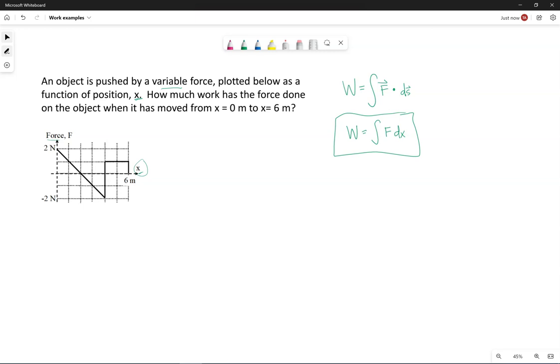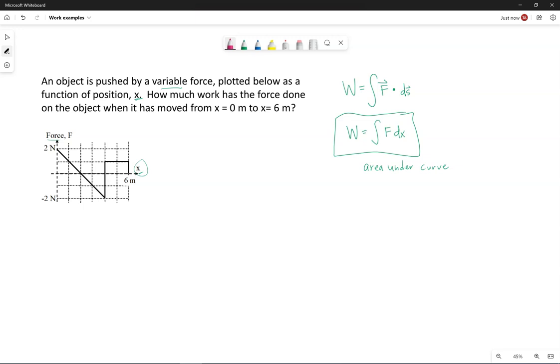Now, technically, we can write the function for F and determine what it is, or if we remember the integral is the area under the curve, we can look at the area.